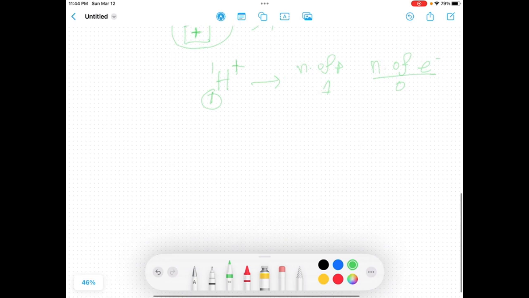Let's take another atom, suppose nitrogen 7. That means in the nitrogen atom, in the nucleus, it has 7 protons, 1 2 3 4 5 6 7, and outside there are 7 electrons. Let me draw the electrons in a different way so you will understand.